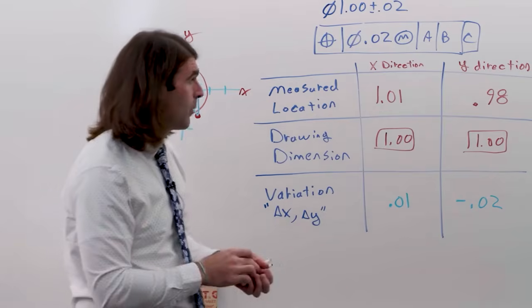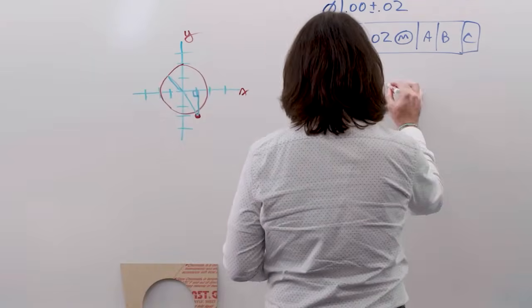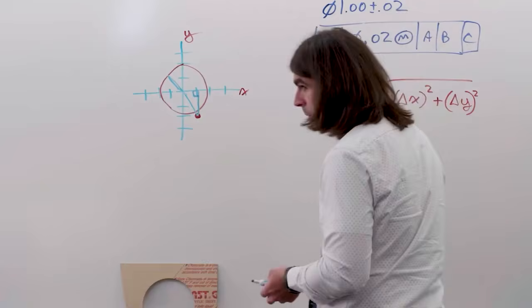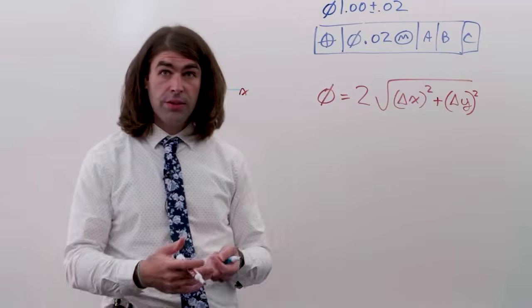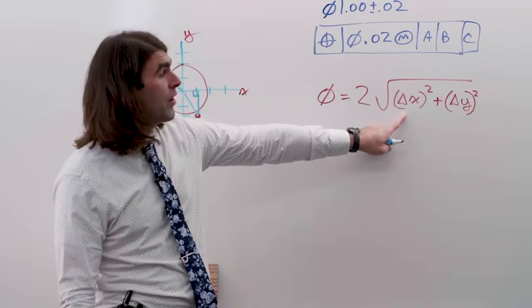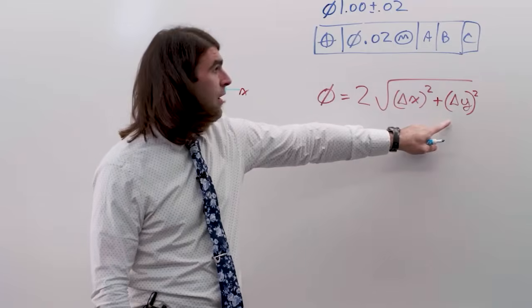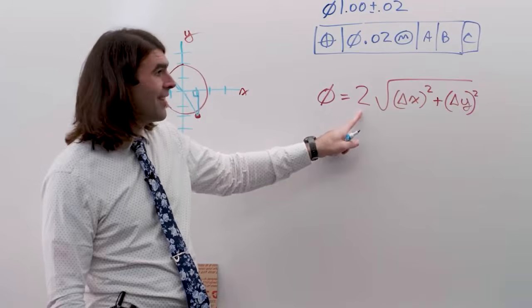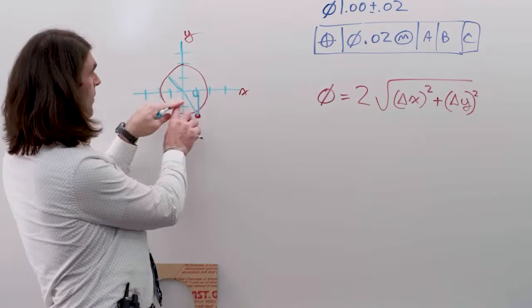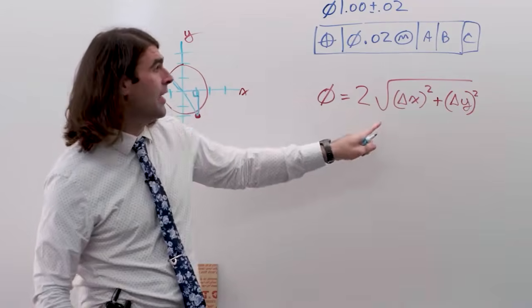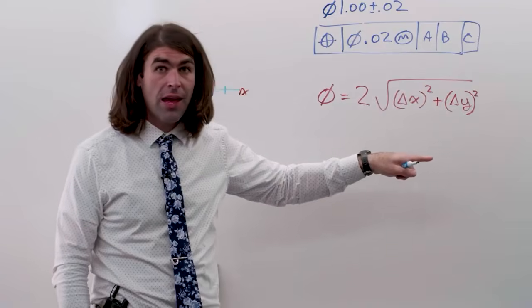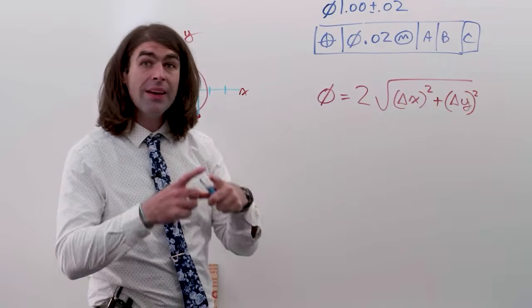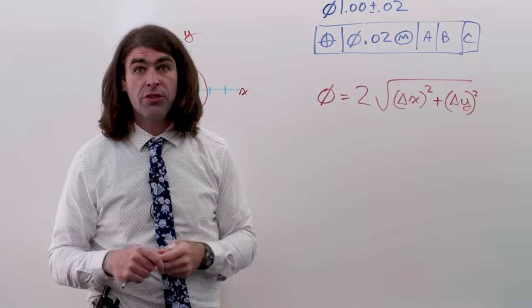Now, the way we do that, we're going to enter it into this formula. So the variation in x squared plus the variation in y squared, whole thing, take the square root of that, times 2. The times 2 is doubling the hypotenuse. This thing right here gives you the hypotenuse of your triangle. Double it, gives you the diameter of positional variation.